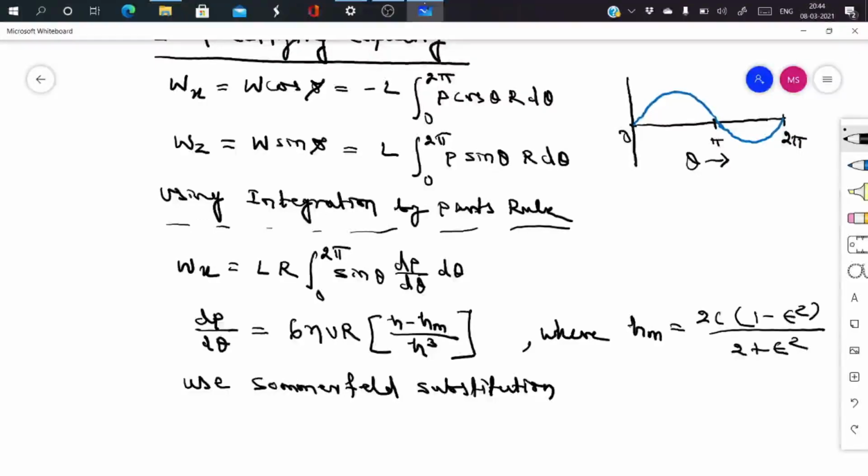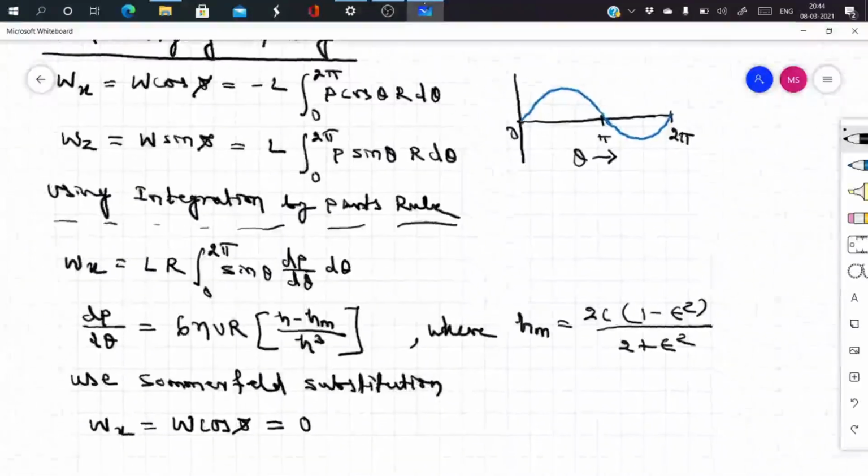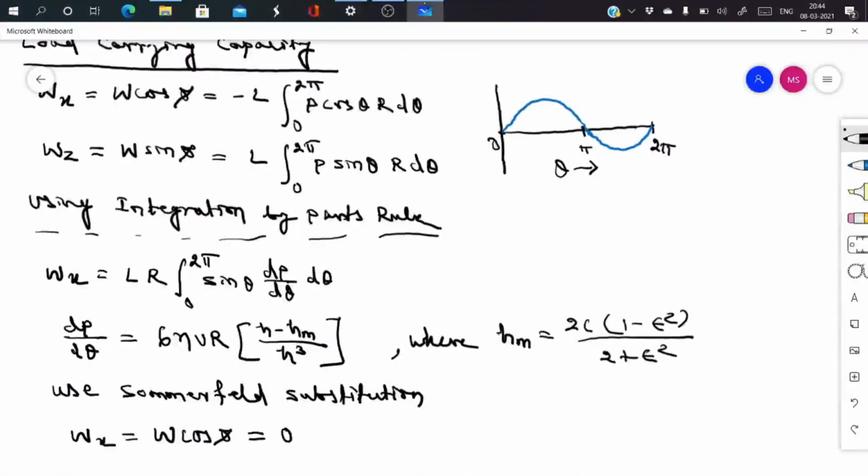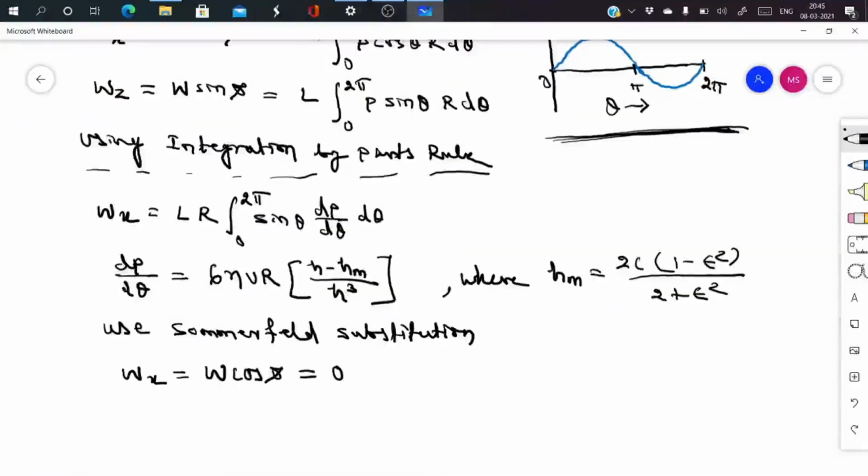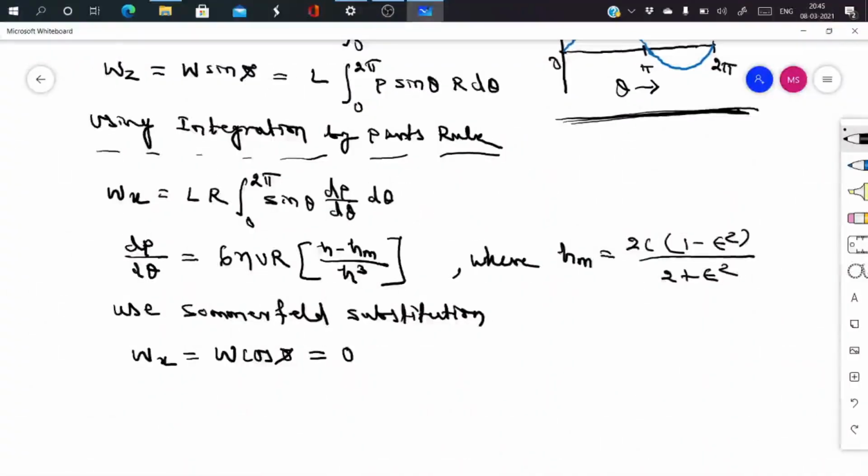Then you should be arriving at this point, Wx equal to W cos phi equal to 0. So we are doing all these integrations, but ultimately you are getting 0. Now it is up to you to decide whether you can tell directly whether this will be 0, whether this is an even function or odd function, and which function will become 0 for a profile or equation like this. Still, I derived it to show you how to derive using Sommerfeld substitution.